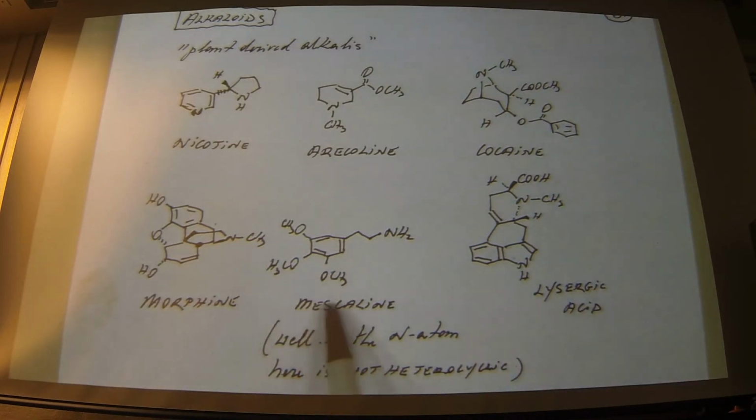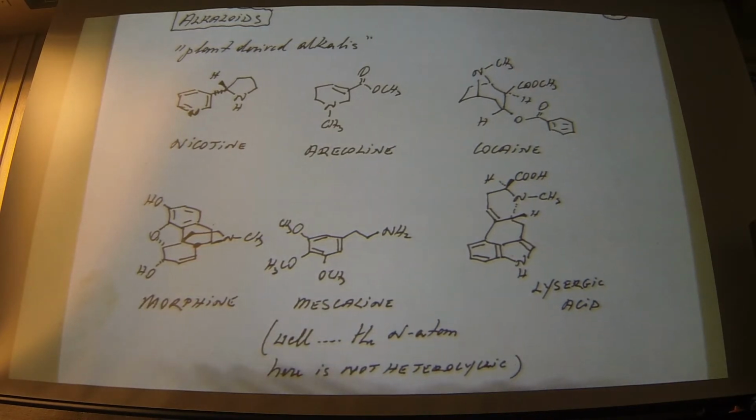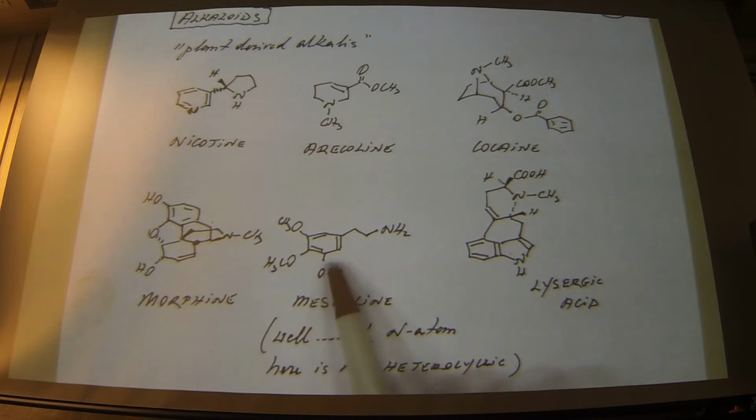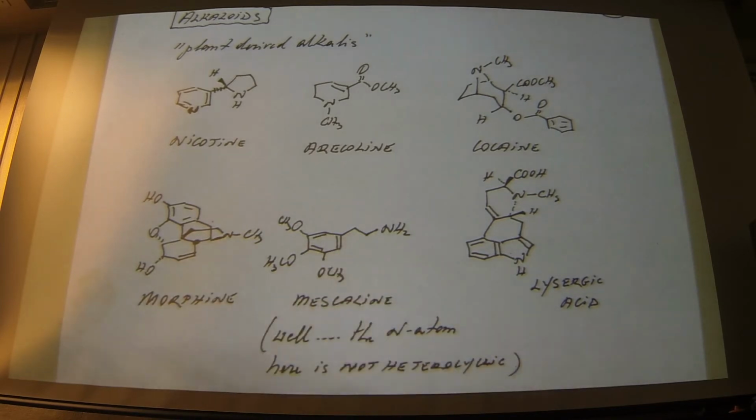Mescaline, where does that come from? I think the drug preferences of the youth must have changed quite a lot from my time. This is the active principle that you find in mezcal buttons.